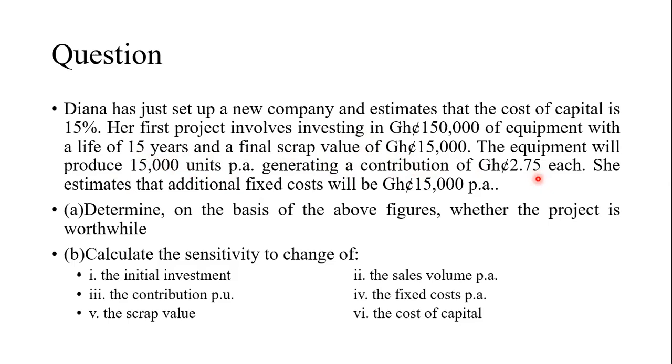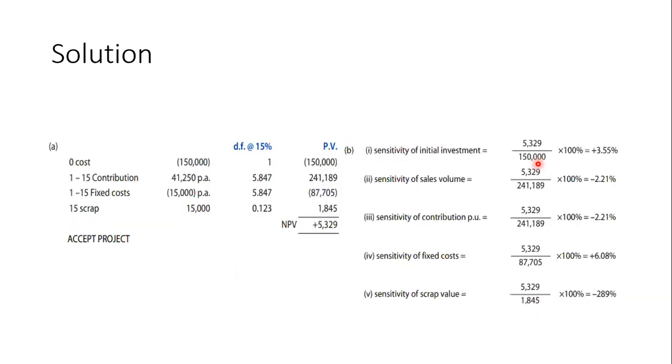Okay. For how many units? So this is 2.75 each. And for the 15,000 units, we're going to have 41,250. That is 2.75 multiplied by 15,000. That gives us 41,250. So there's the total contribution each year that is coming out of the investment.